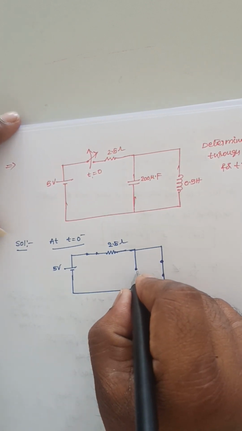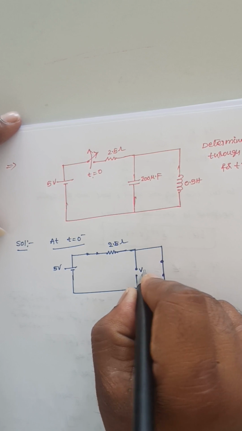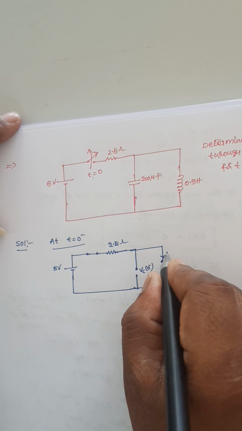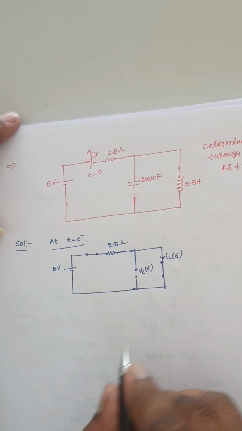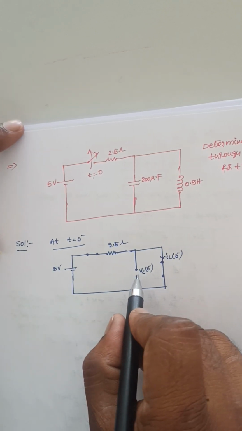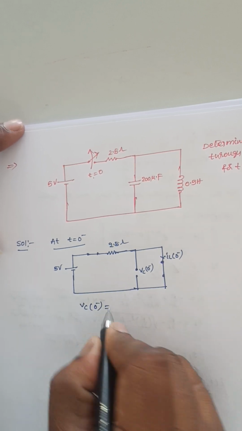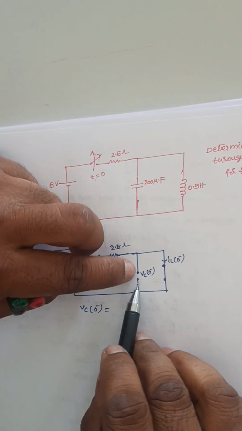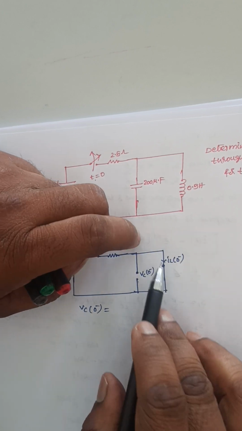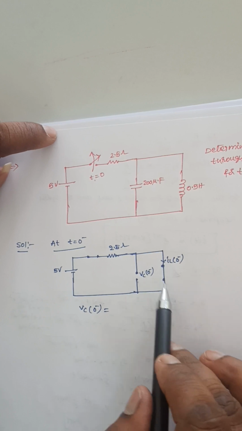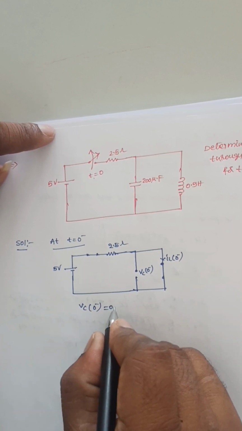So this is the voltage VC of 0 minus and the current, that is IL of 0 minus. This voltage VC of 0 minus is equal to this voltage because these two are connected in parallel. So this voltage is 0, short circuit voltage is 0.